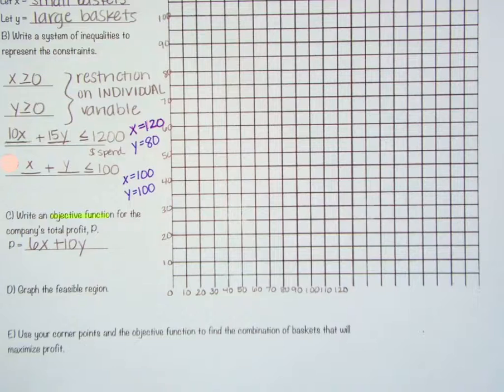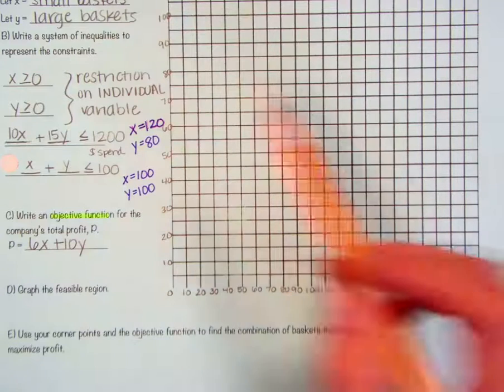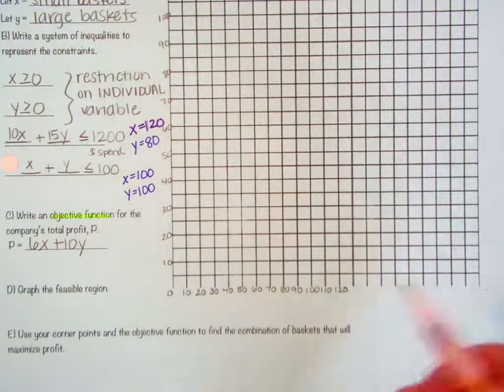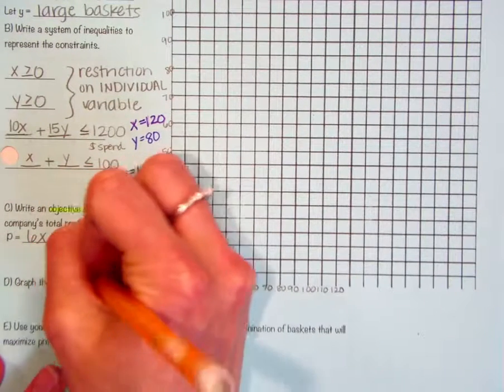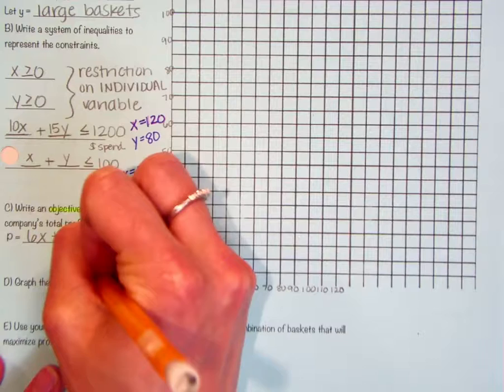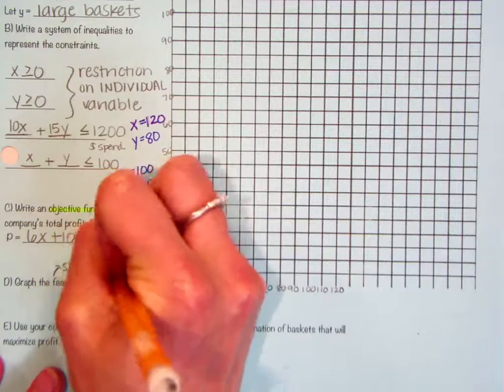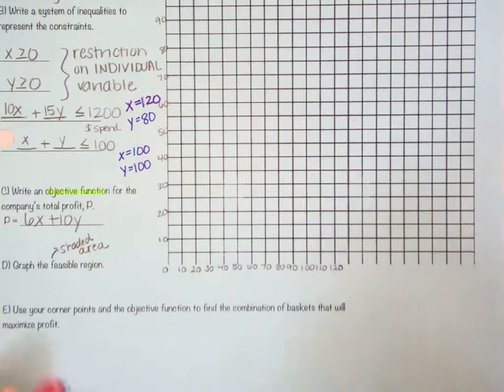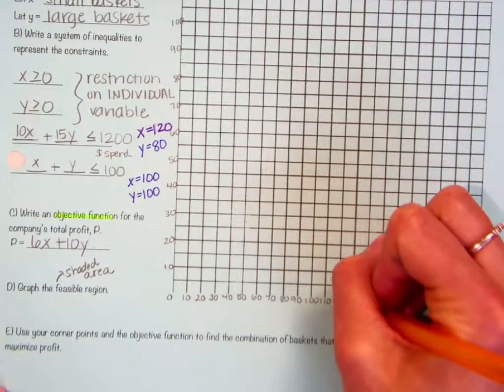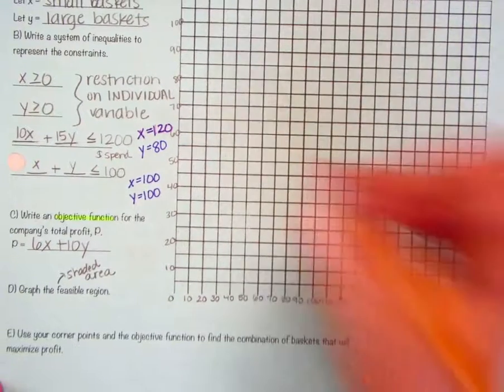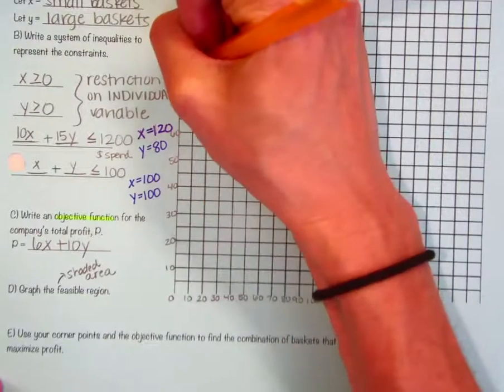All right, so now let's use our intercepts to get these graphed so that we can see what our feasible region is. And remember, the feasible region is that shaded area. For my first inequality, my x-intercept was 120 and my y-intercept was up here at 80.